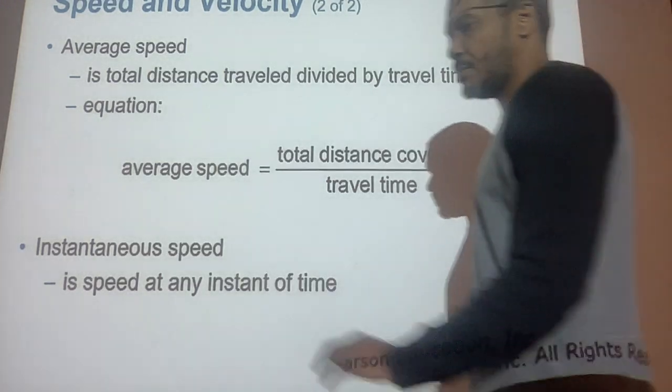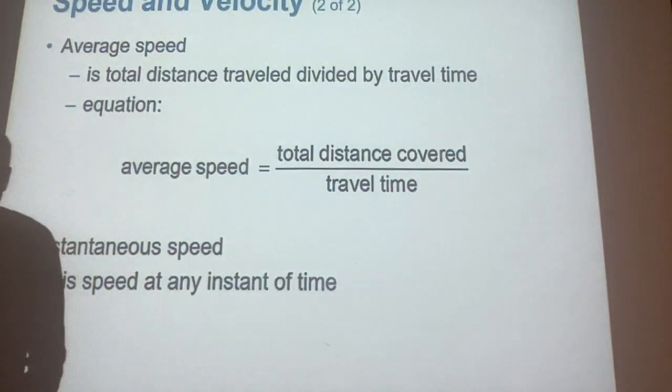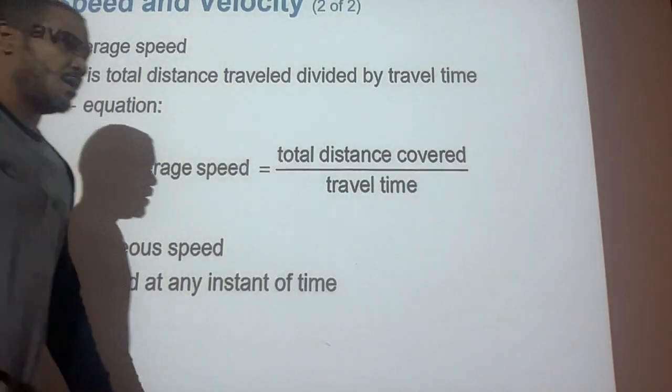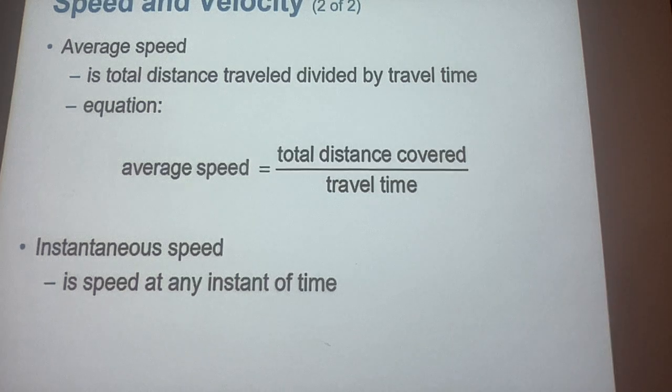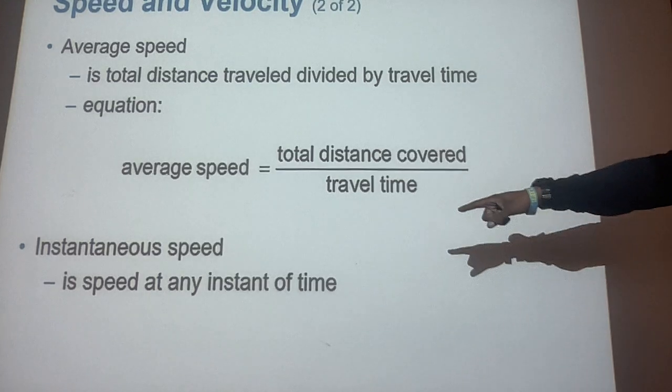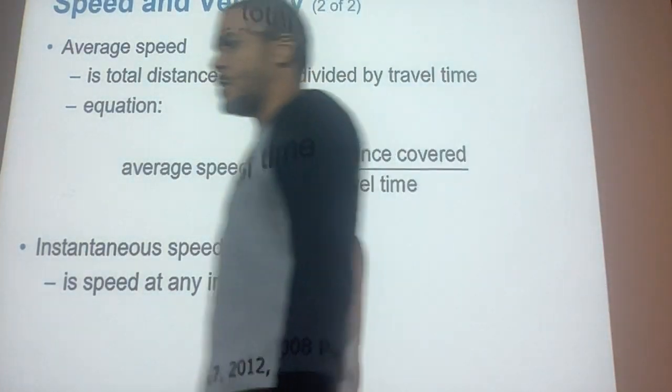That's average speed. But what if I asked you, on that same trip, how fast were you going when you got on the Pontchartrain bridge? You couldn't really tell me, right? All you could say is, I'll give you an average, but I can't tell you how fast I was going at that time.